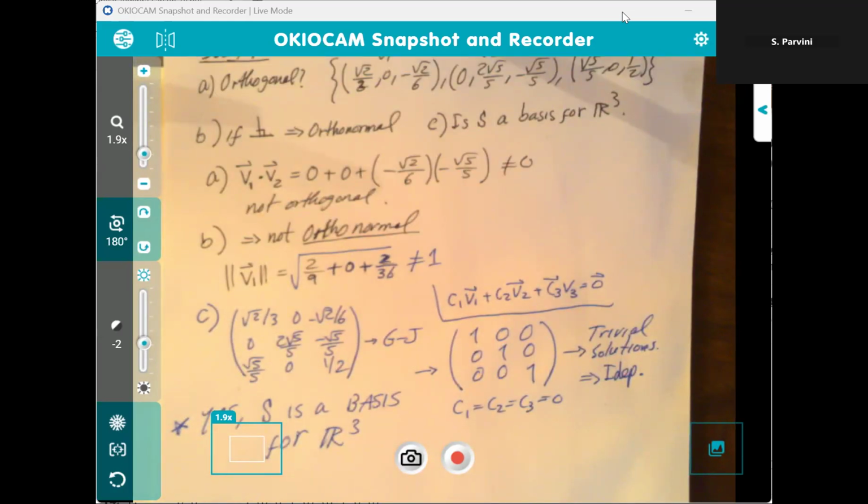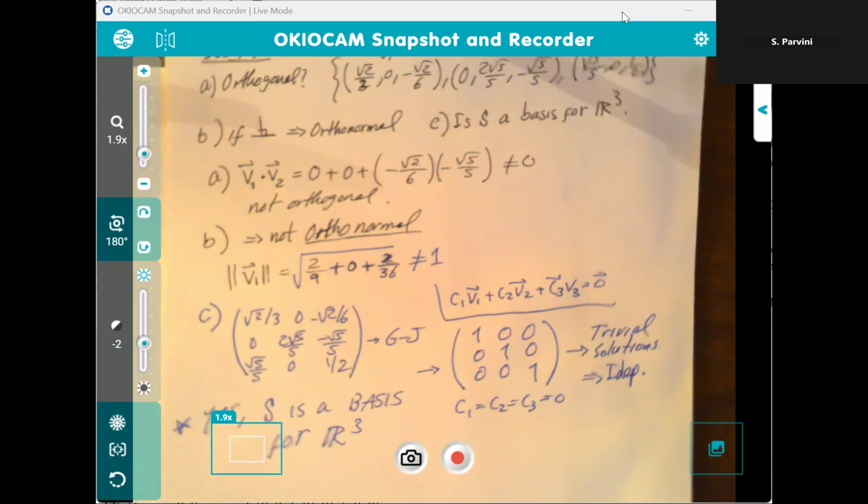Now, having done this, I think we are in a position to talk about the projections, and let's see. Yeah, let me go back to the book.